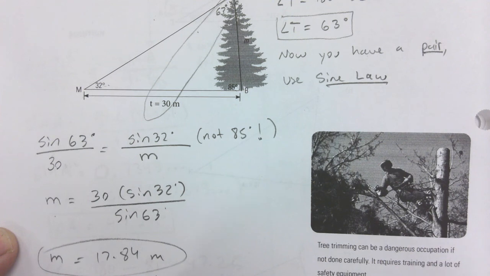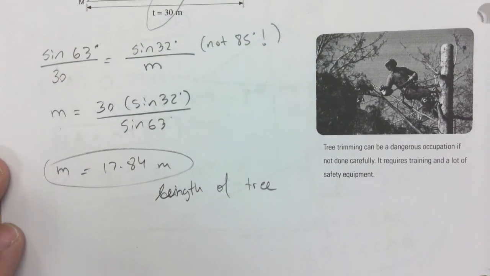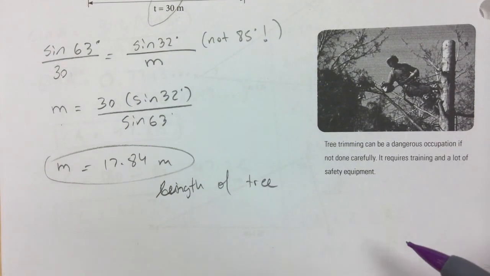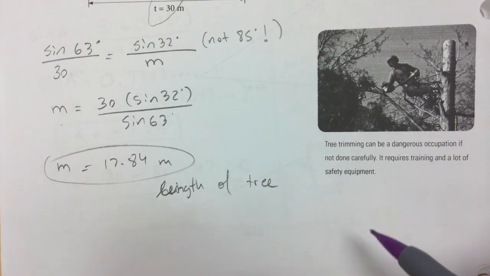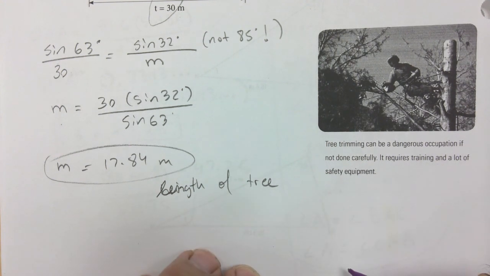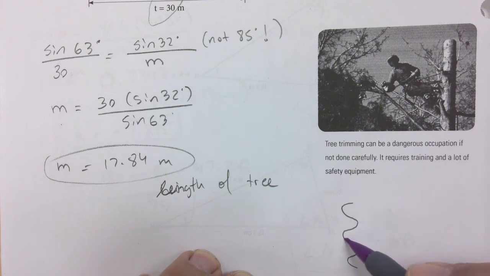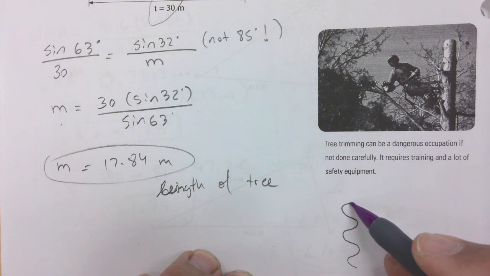Length of tree. And I'll tell you again why it's the length of the tree and not the height of the tree. If you have a structure that goes like this, and you're asked how tall it is, you wouldn't measure this length and say, oh yeah, it's that long.